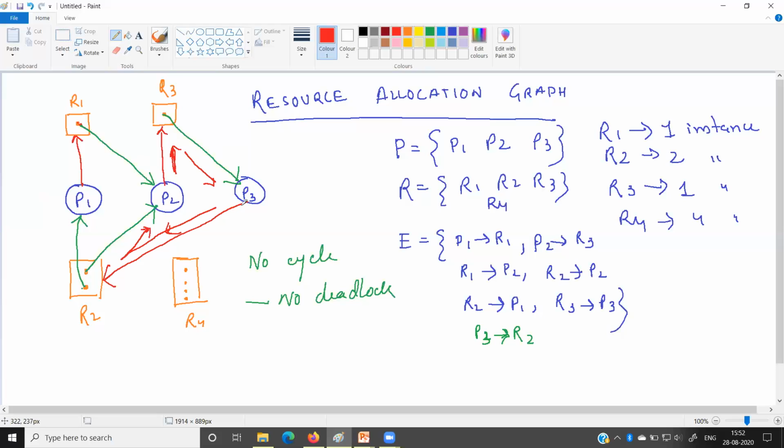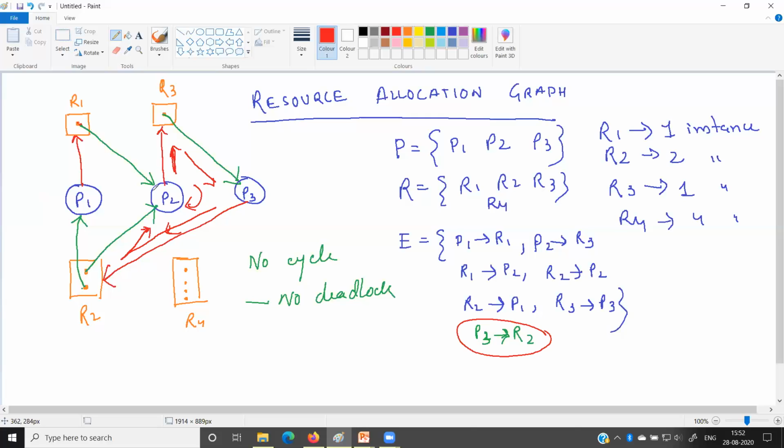There is a cycle present. We can find a cycle in this graph after adding this particular edge P3 to R2. So we can move from P3 to R2, R2 to P2, P2 to R3, and R3 to P3. That means there is a cycle present over here. As there is a cycle, we can say that for this particular resource allocation graph, the deadlock is present.